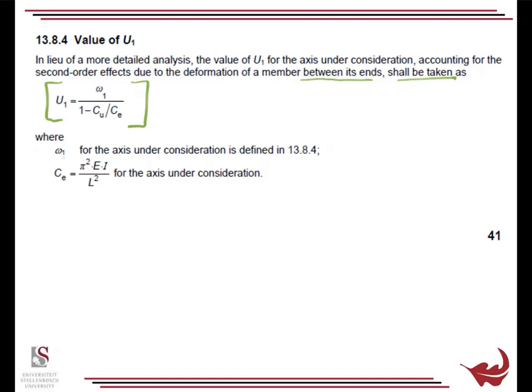First thing we have is omega 1 for the axis under consideration. That is very similar to omega 2, which we've looked at previously, the influence of the shape of the bending moment diagram. And then we have CE, which is the Euler buckling load. If you have a look at this equation, what you'll see is, just from the form of it, as our compressive load increases, this factor increases as well.